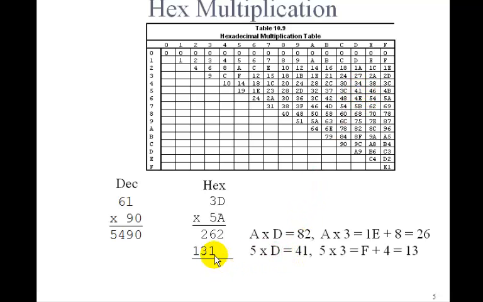So you put down the 1, carry the 4. 5 times 3 is 15, or F, plus 4 is 19, or 1, 3. Put down the 1, 3. And now you add 2, 7, 5, 1. And so 1572 base 16 would be 3D times 5A, and that's the equivalent of 5490.